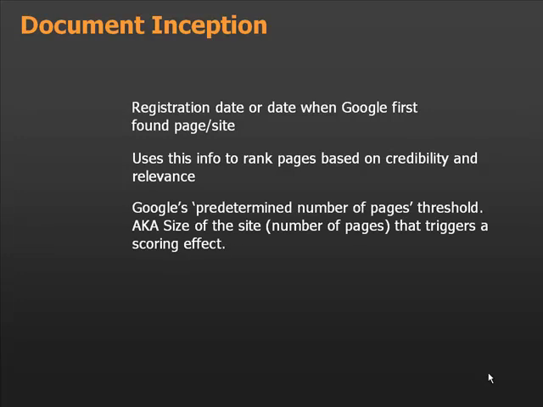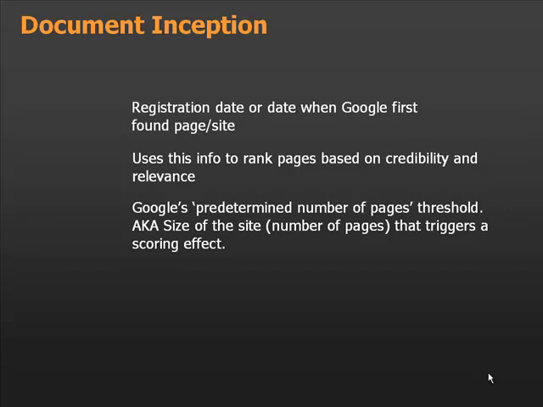Now, Google has a predetermined number of pages which it will scan or index before it triggers a scoring effect. Nobody's quite sure how many pages this might be, but it is thought that if you have a website of 100 pages, that will stand alone and rank quite high in Google.